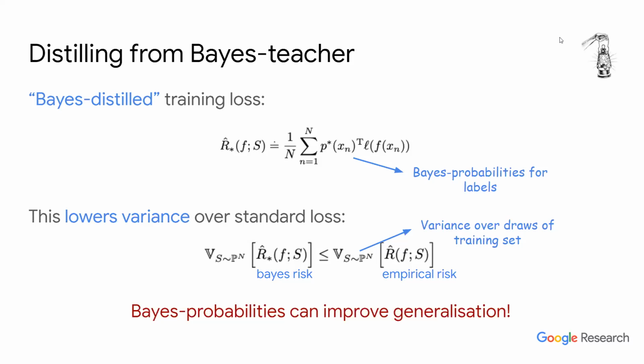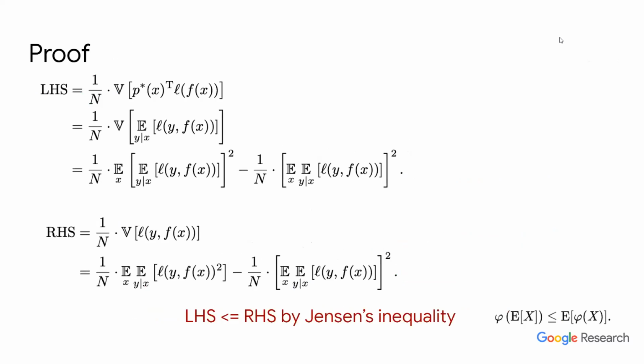And here's the short proof. Of course, you can read the paper, which has more details, and I'll just go through it very quickly. The left-hand side is the Bayes risk. You have this, and this P star X you can write as an expectation of y given X, and then you have a variance.